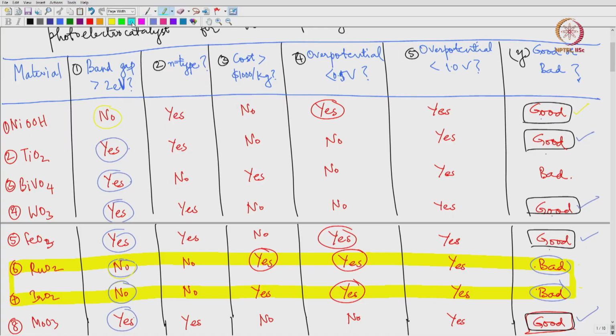So far we have only looked at feature number 1, band gap greater than 2, and then overpotential less than 0.5, which is feature number 4, and out of these 2 different features we found that the former is certainly better than the overpotential feature, at least for the parent node.